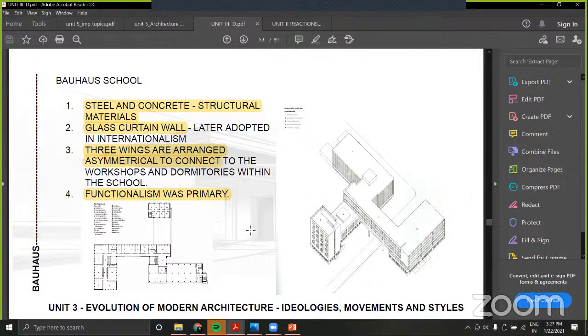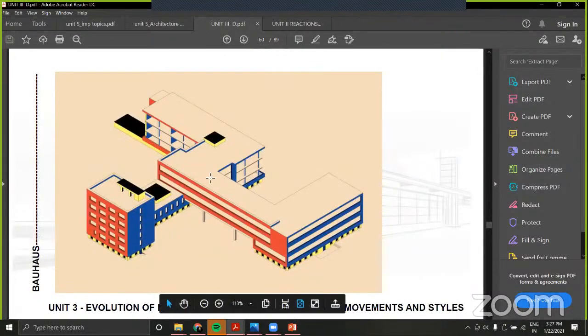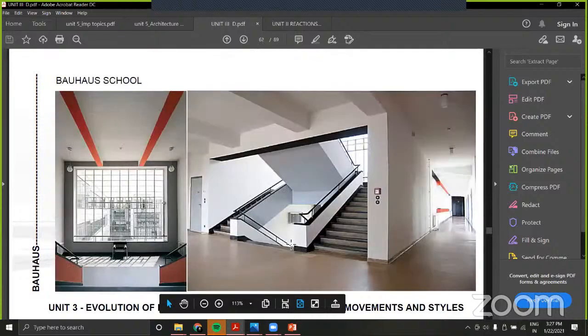The building used steel and concrete as structural materials, and the glass curtain wall was later adopted in internationalism. Three wings are arranged asymmetrically to connect the workshop and dormitories within the school. Functionalism was the primary element, as I told, and they also used primary colors in this building.